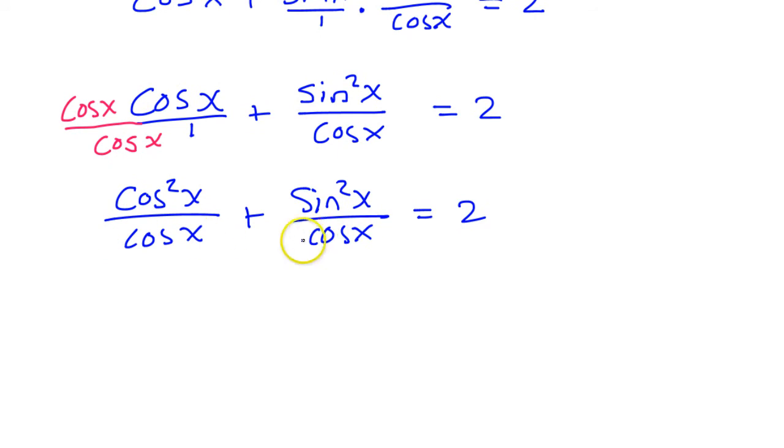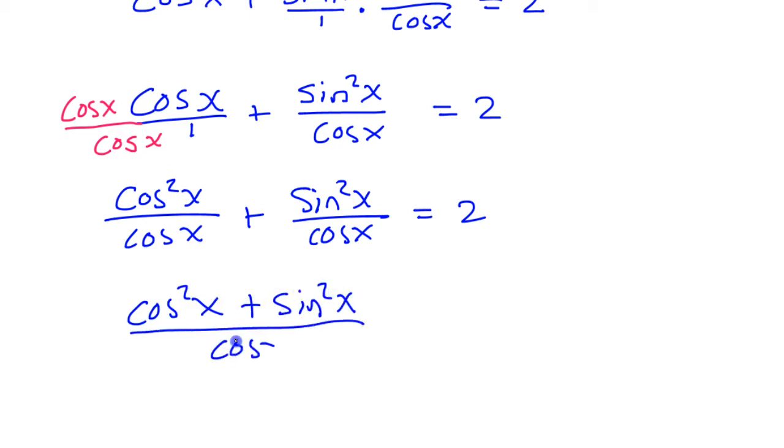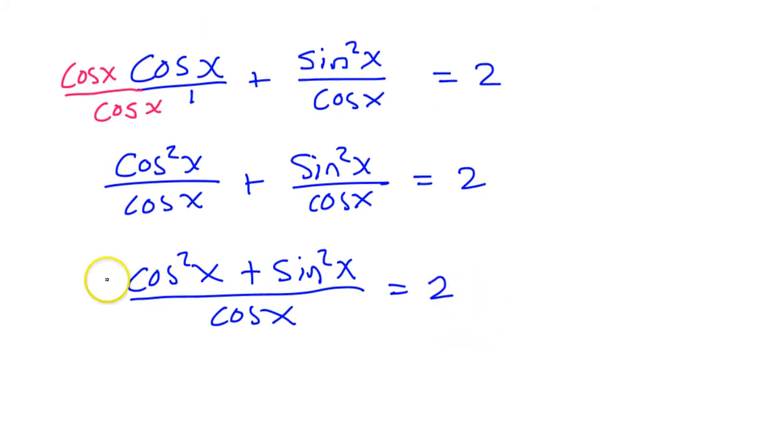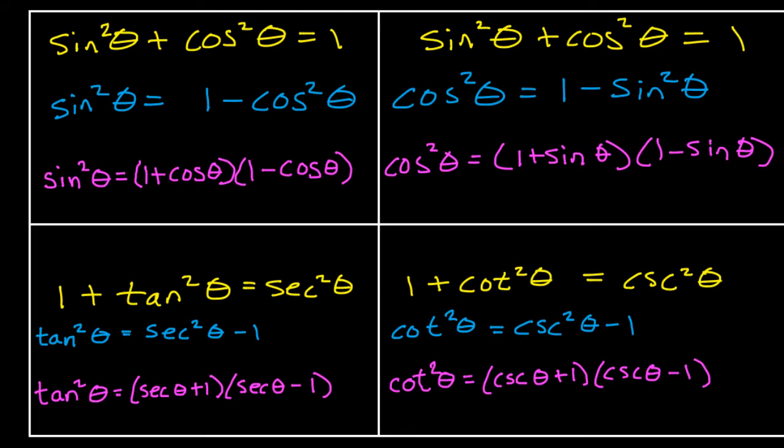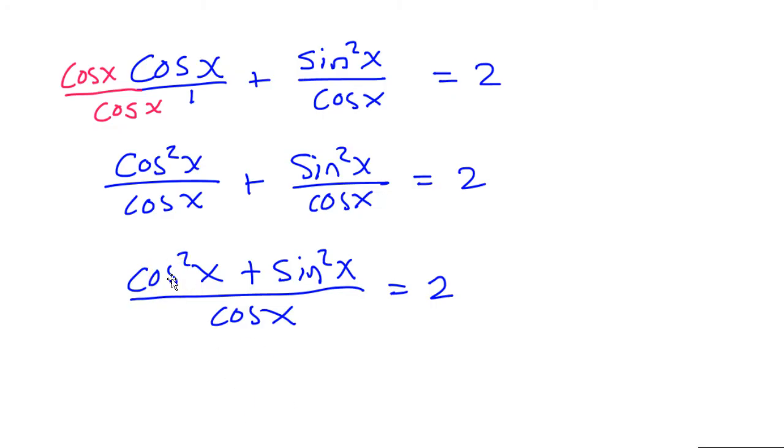Now, if I add these 2 fractions together, now that I have like denominators, that's going to be cosine squared x plus sine squared x all over cosine x is equal to 2. Now, here's where my Pythagorean identity kicks in. Sine squared theta plus cosine squared theta is equal to 1. That's the same thing as cosine squared x plus sine squared x. That's equal to 1.